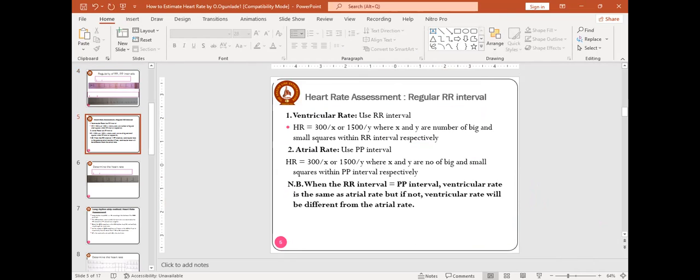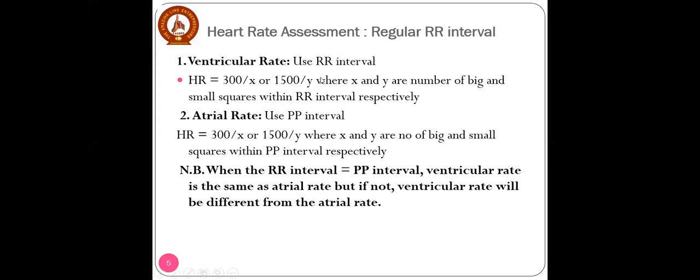To calculate the heart rates, 2 formulas can be used. For the ventricular rate, you consider the RR interval, and the formula is heart rate equals 300 over X or 1,500 over Y, where X and Y are the number of big and small squares within the RR interval respectively.